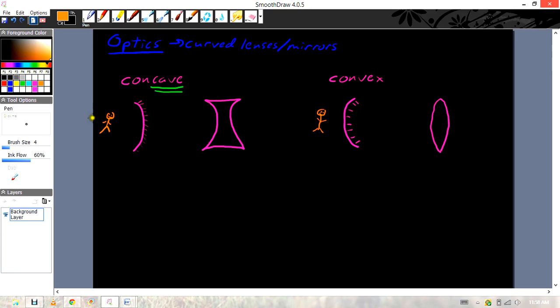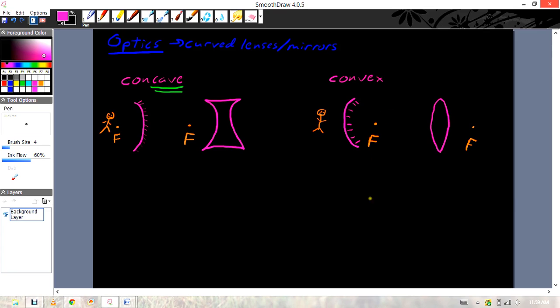So the important thing to remember here is that these each have what's called a focus. Pay very close attention to where I'm drawing focus. It should make a whole lot of sense.